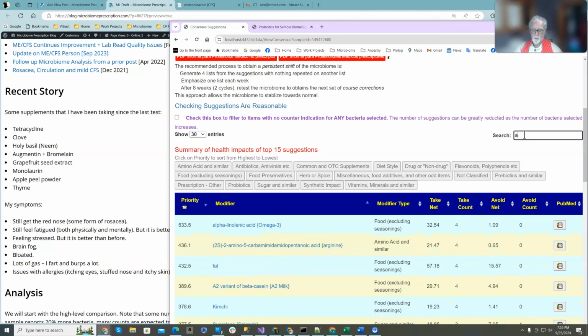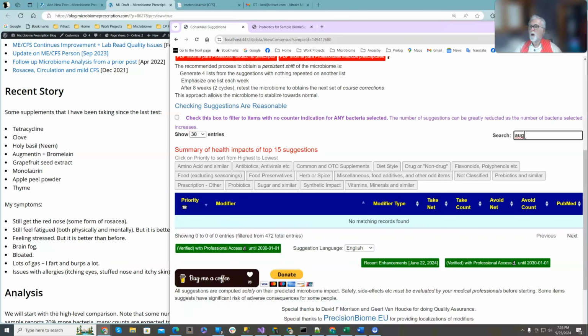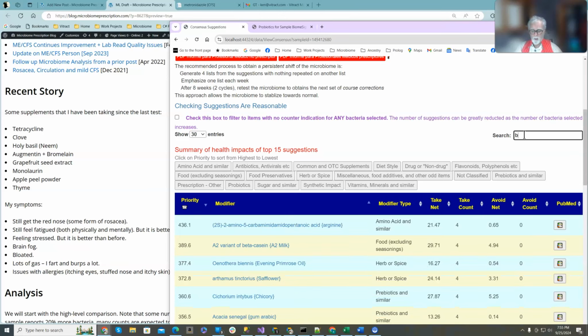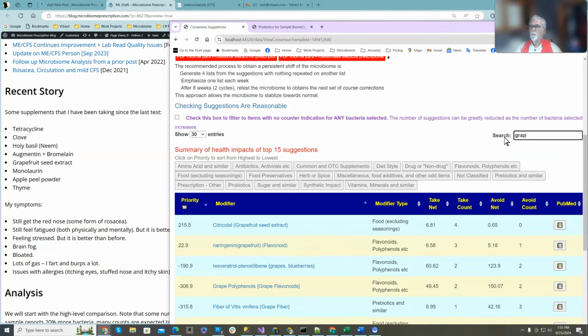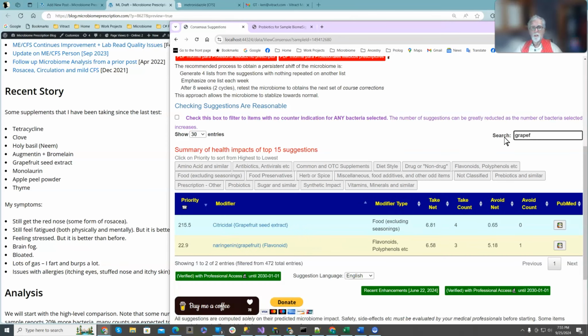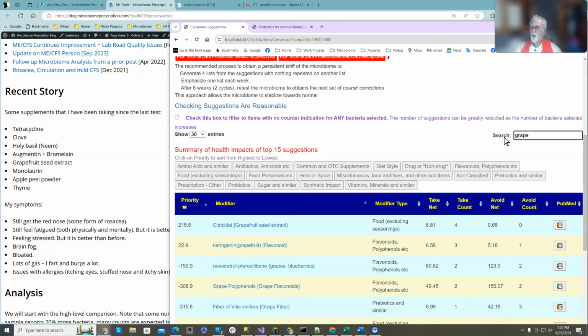Oops, let's do the next one. Nothing there. Bromelain. Nothing there. So in other words, it's none. So far we found two pushing in the wrong direction, a bunch with absolutely no impact. Grapefruit seed extract is positive, so that is still a good one.